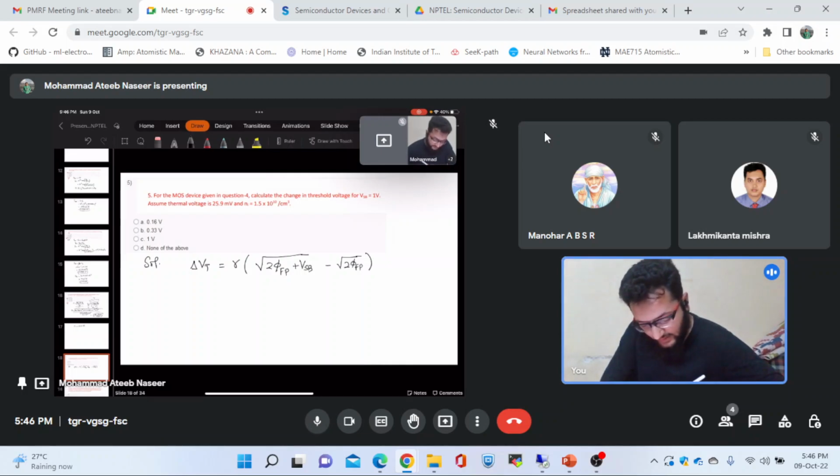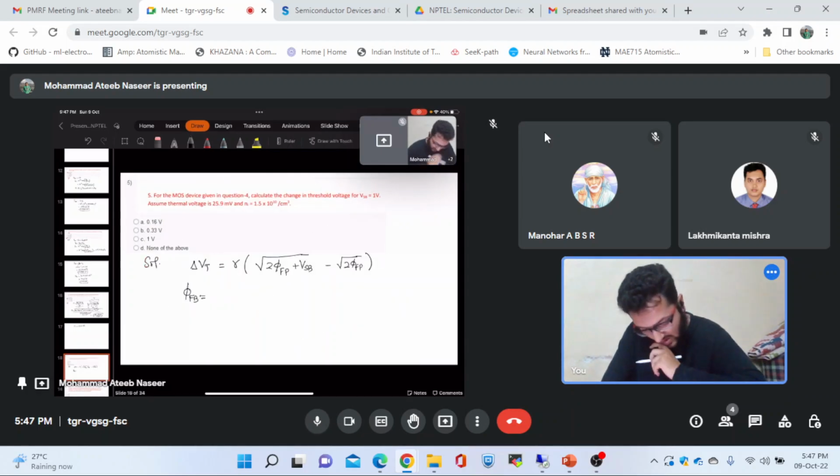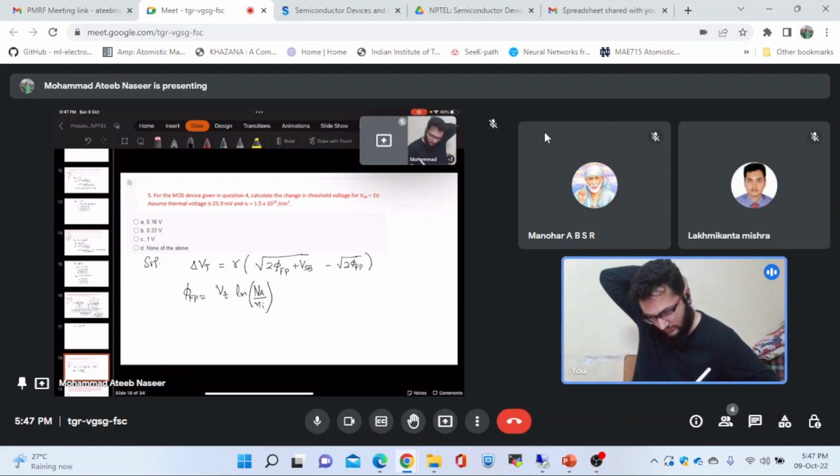Now in here we need to find this phi fp first, because we have been given the concentration. Yes, we have been given the concentration 10 to the power of 16. So this phi fp is simply equal to Vt ln of Na by Ni, that we all know.